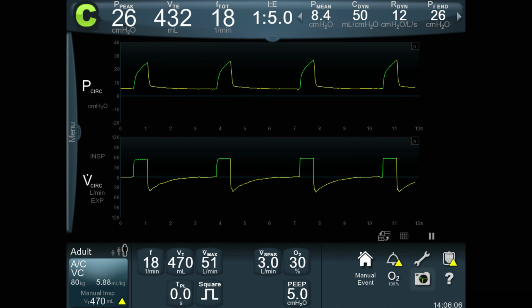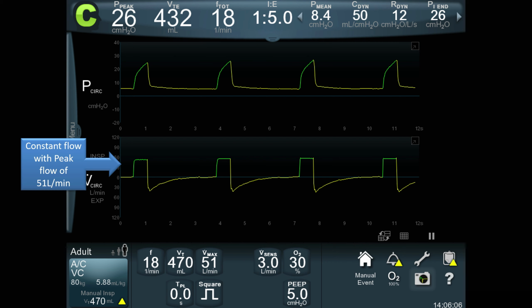This is an example of a patient who's on volume control ventilation with a constant flow and a peak flow of 51 litres per minute. You can see that the ventilator immediately cycles to exhalation following delivery of the breath, so the breath is volume cycled. In this situation, one does not set an inspiratory time or an I/E ratio.